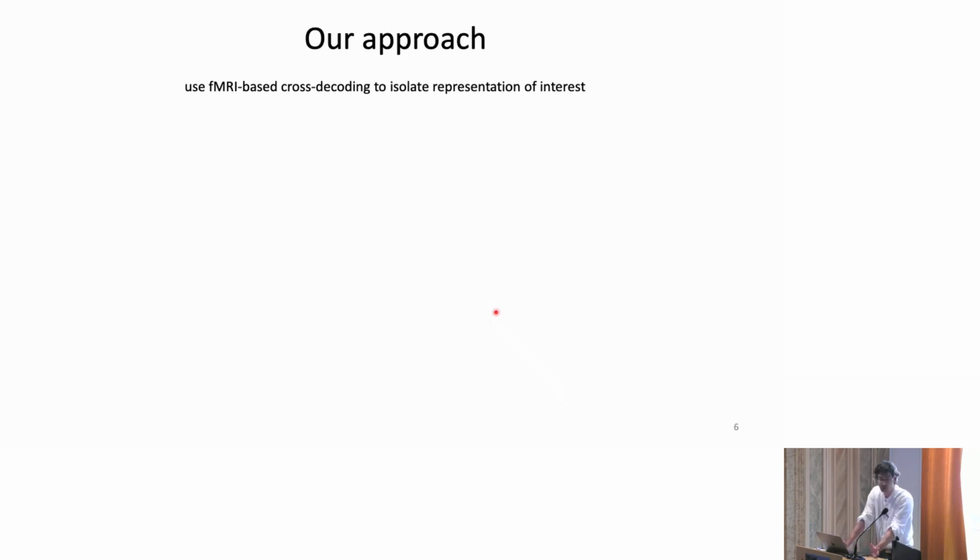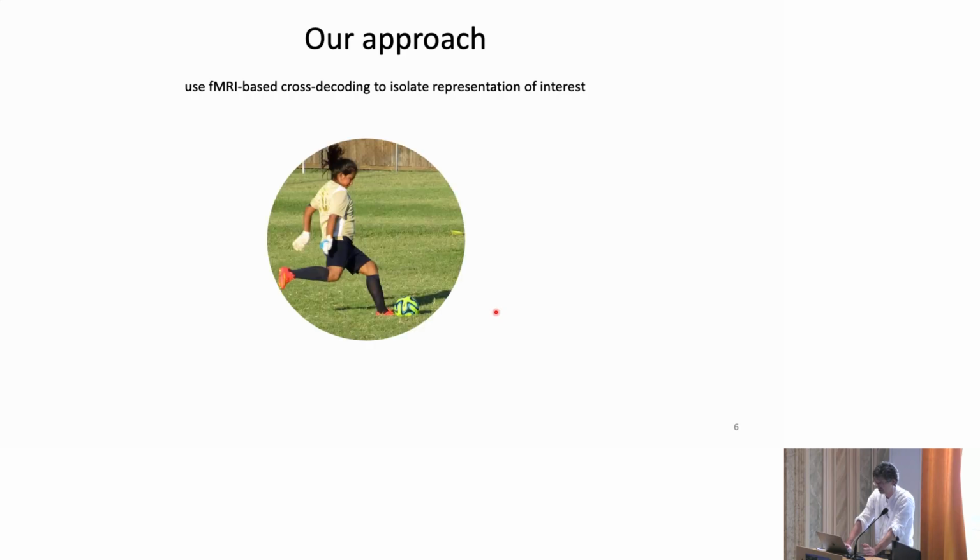Okay, so how can we address these questions? Remember that the basic goal is to isolate from an action, which is, of course, a very complex stimulus with a lot of different features, just the representation of interest. Broadly speaking, the general approach is very similar across the studies that I will present today.